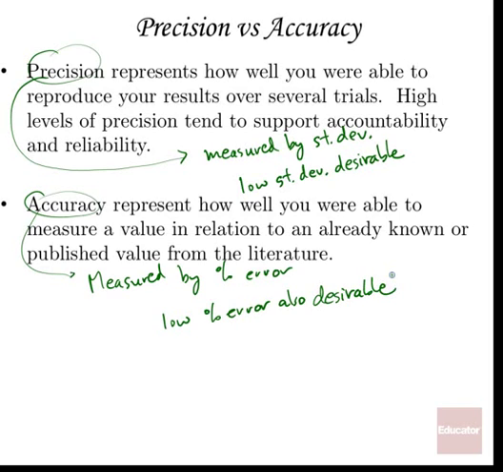A lot of people use the terms precision and accuracy interchangeably, but as you just saw, they are not the same. One represents your ability to reproduce a certain measurement, and the second represents how well you were able to get to a known value.